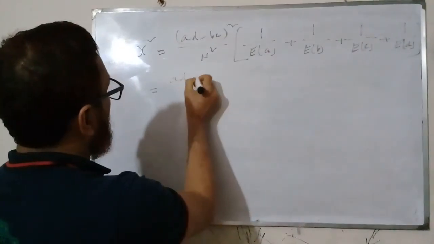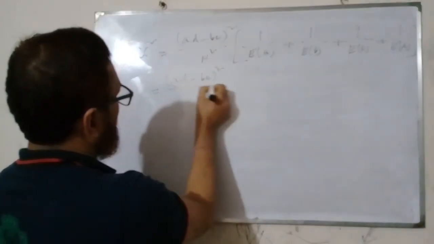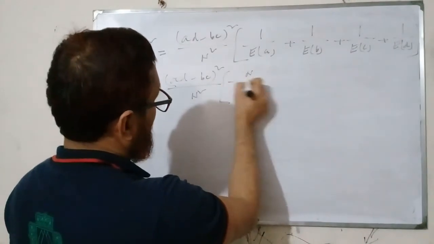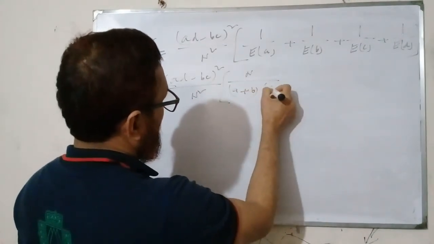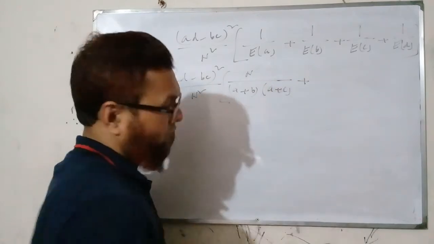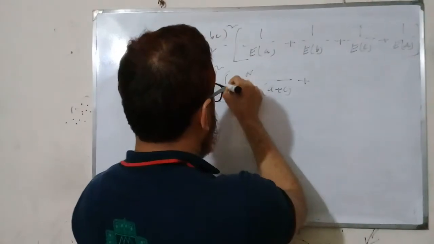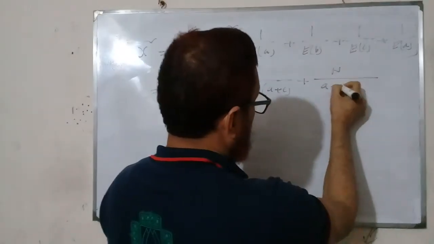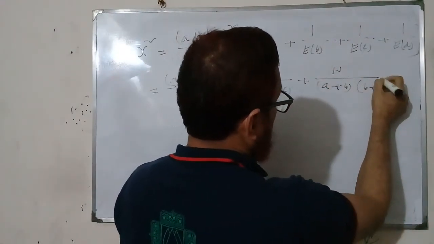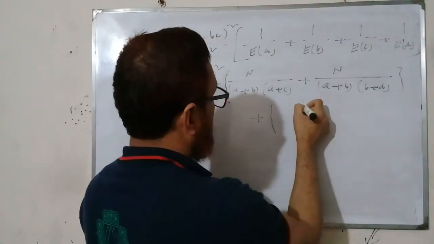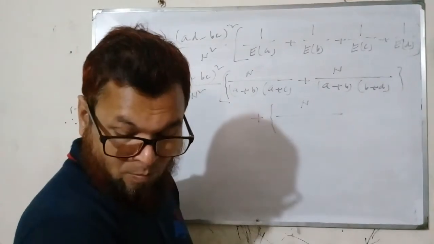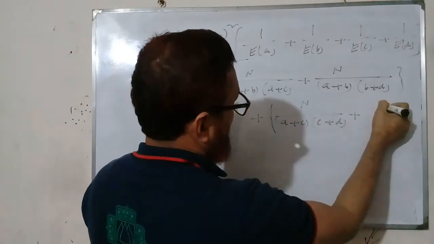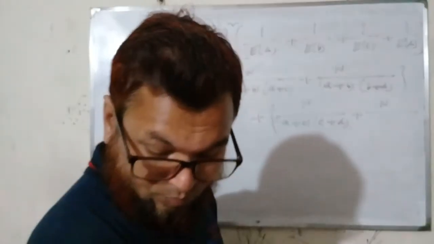Now we put the values of EA, EB, EC and ED in terms of N, A plus B, A plus C, B plus D and C plus D.